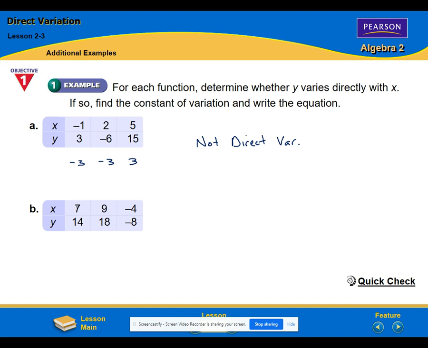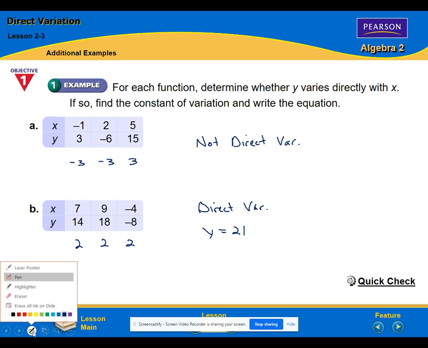So then take 14 divided by 7, you get 2. Take 18 divided by 9, you get 2. Take -8 divided by -4, you get 2. Here you do have direct variation. And again, not only did you determine that yes, it is direct variation, you also determined what the constant of variation is. It's 2. So you can simply write y equals kx with 2 in for the k value.